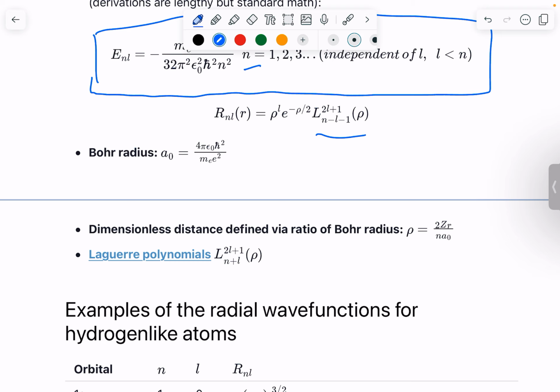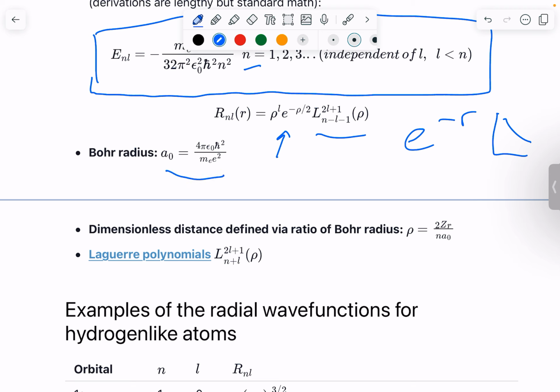And notice that, besides the polynomial, there is this exponential term that is going to make sure that our wave function decays to 0. So this is important. And then, everything is cast in terms of this quantity called the Bohr radius.